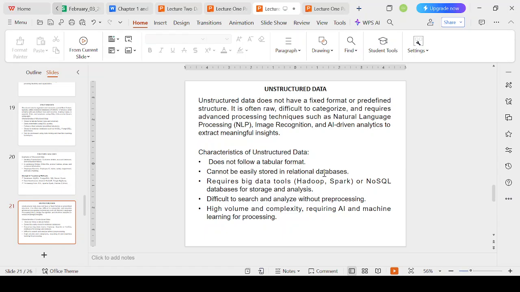It cannot easily be stored in relational databases and requires big data tools like Hadoop, Spark, or NoSQL databases for storage and analysis. It is difficult to search and analyze without preprocessing, very difficult. You are going to see in our practical class how you preprocess this data before you can apply the techniques. High volume and complexity require AI and machine learning for processing.